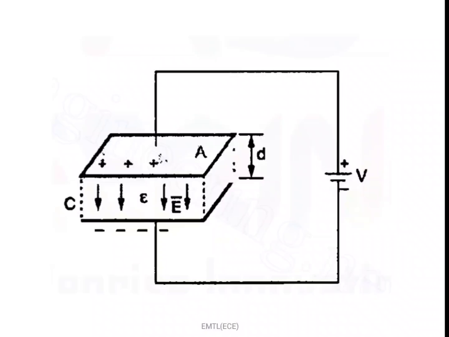Now the electric field intensity is directed from positive to negative. Here V is the potential given to the parallel plate. Then we have to find the expression for the energy stored in a capacitor.